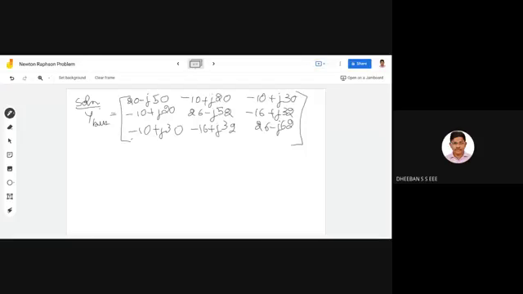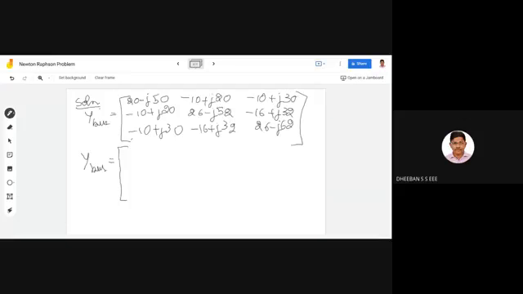Okay. So for your NR method, you have to convert this into your polar form. This entire Y bus matrix, you have to convert to your polar form. When converting it to the polar form, just take up to 2 decimal points.